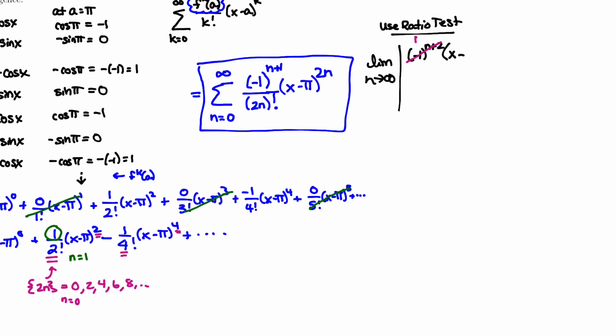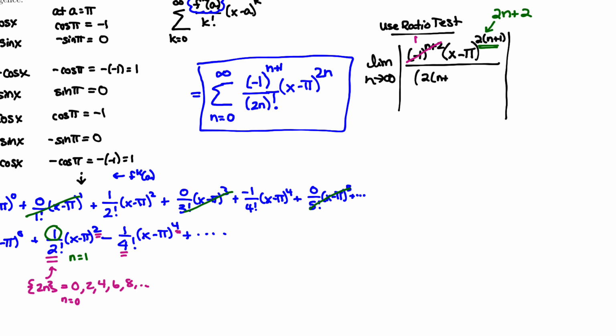The next guy is x minus pi to the 2 times n plus 1. And I want to highlight that right there. It's 2 times n plus 1, which is really 2n plus 2. So that power on top is a little different because we have these evens going on.